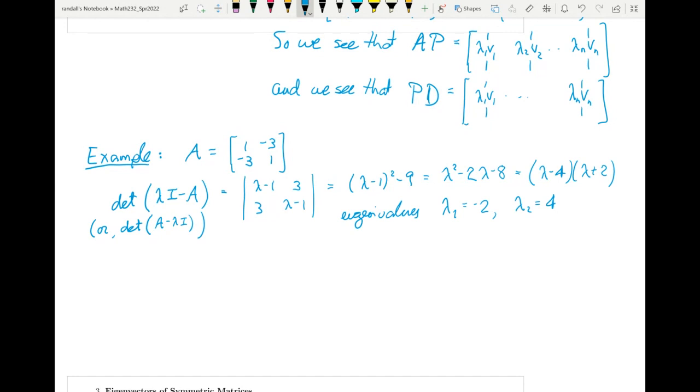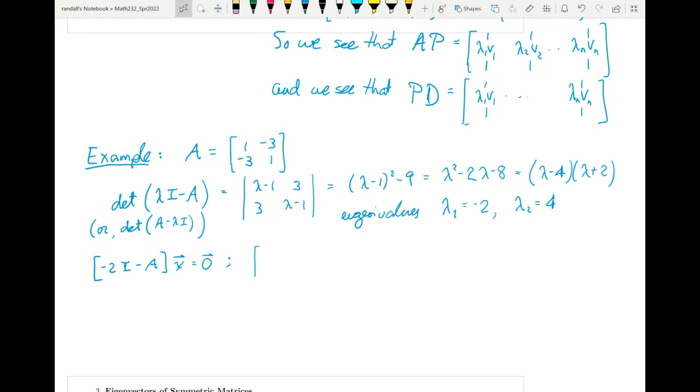So now we need to find eigenvectors. We set up the homogeneous system. I'm going to choose the first eigenvalue, so minus 2I minus A. I want to solve this system, which gives me the eigenvectors. Since it's a homogeneous system, we just have to row reduce the coefficient matrix.